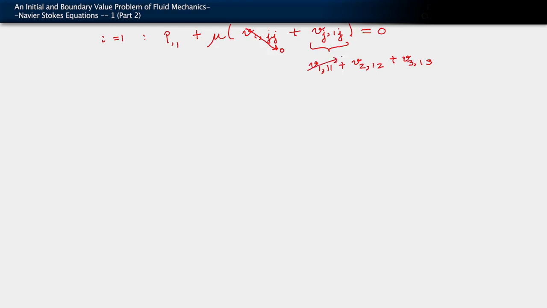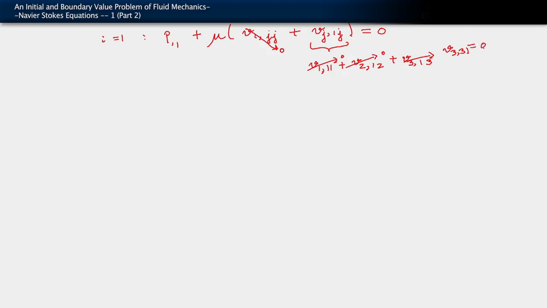This drops out because v1 equals 0, that drops out because v2 equals 0. And here we see that v3 comma 1 3 is basically the same as v3 comma 3 1. But that is just v3 comma 3, the whole thing differentiated with respect to x1. All right, so this thing also equals 0.